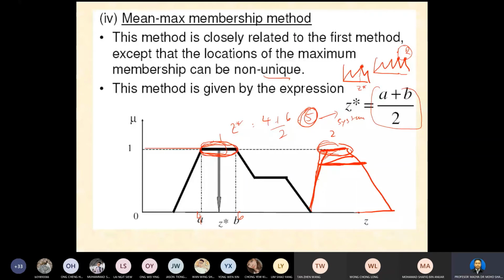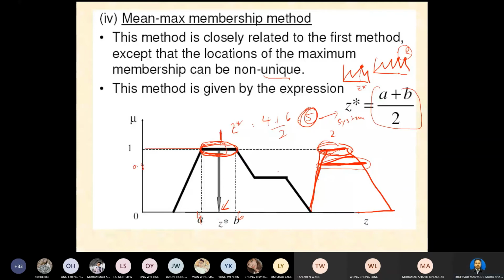This one is not maximum, maybe 0.8. So this is the maximum, and that's why the output will be here. This is our output. So the formula is A plus B divided by 2, which is the Z output using the min-max.